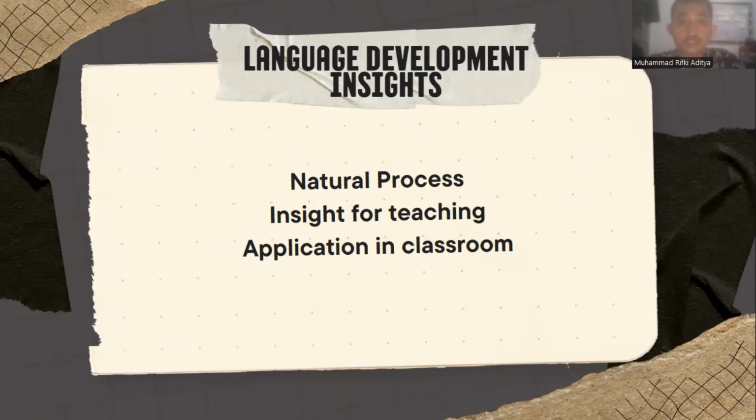The recognition of this natural process informs language teaching practice. So it encourages educators to create environments that mimic natural language learning conditions and prioritize meaningful communication over rote memorization of rules.